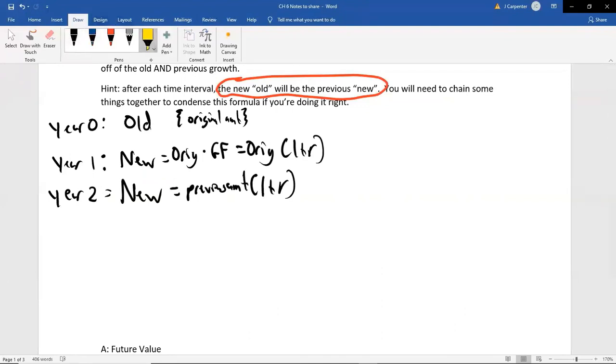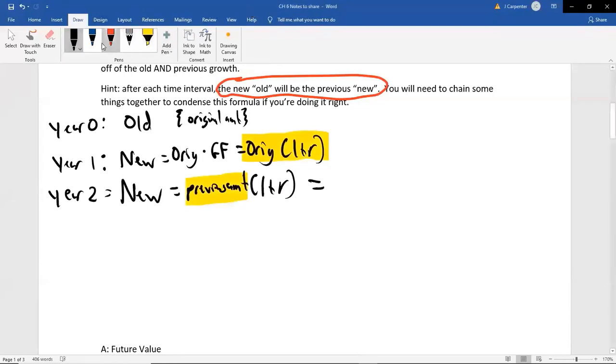The previous amount, this is like us linking that Excel, it's the ending amount from year 1. In year 2, the previous amount means the ending amount from year 1. So those two things are the same.